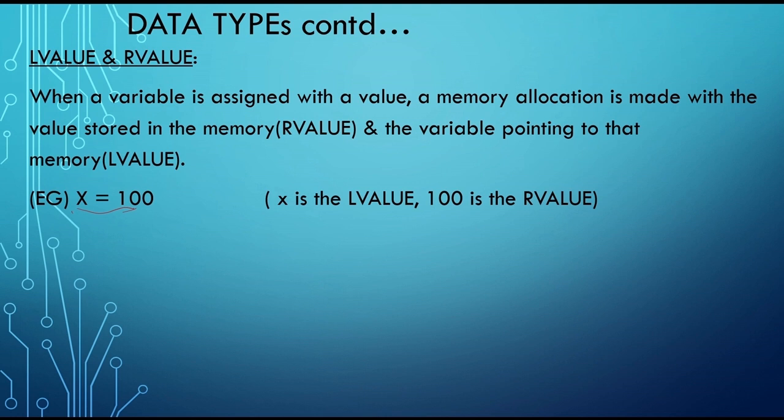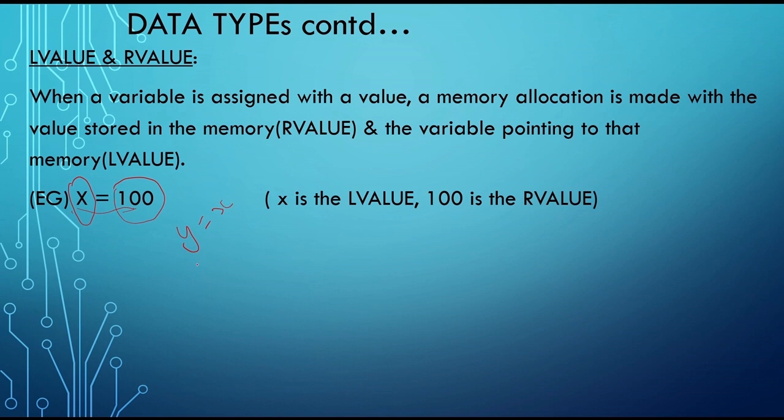The L value or the location value should necessarily be a variable. It cannot be anything else. It has to be a variable. But the R value is a data that's stored in that memory location, in that container. So what all can be an R value? You can have an R value which is a variable. Like for instance, after assigning x is equal to 100, I can say y is equal to x.